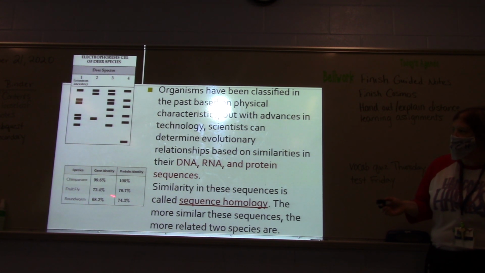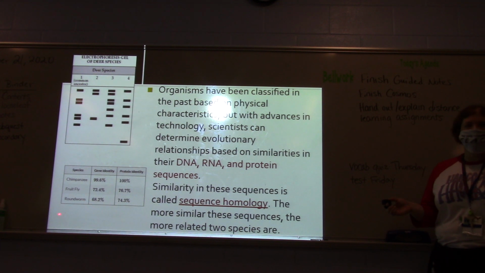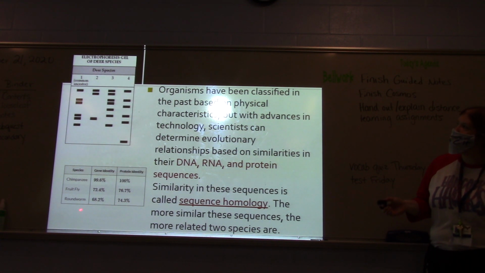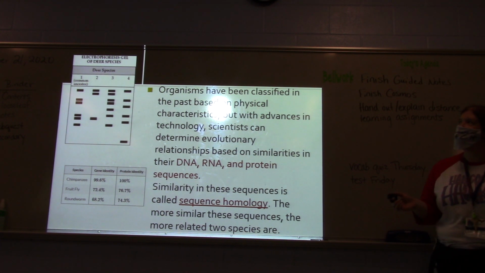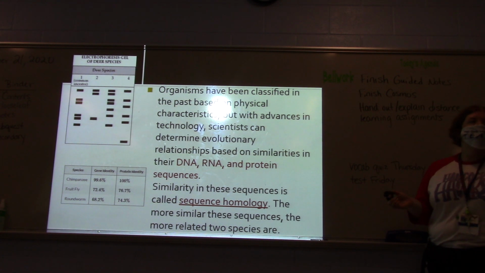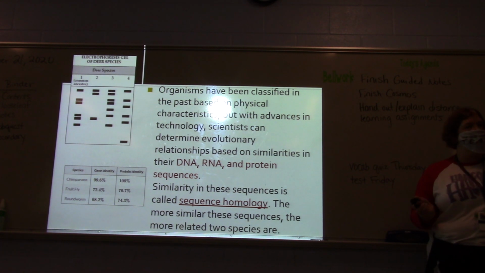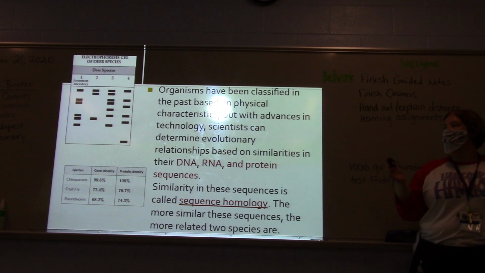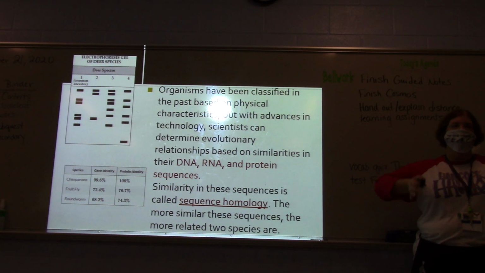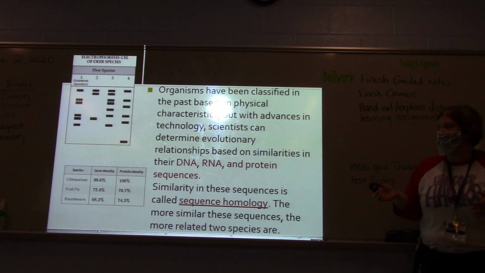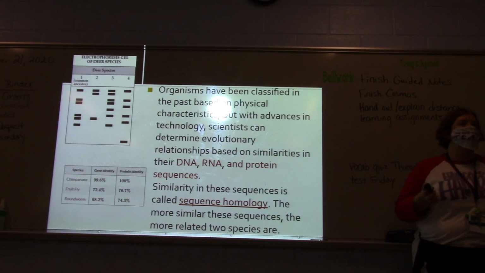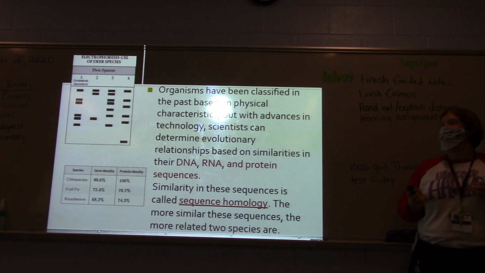A worm, 68.2% similar DNA to a worm. Okay? What does that mean exactly? That means if you take a DNA sample from us and a DNA sample from a worm and you scan it like a barcode, 68% is going to be the same. And exactly why do we look so different? Because of the part that's not the same.